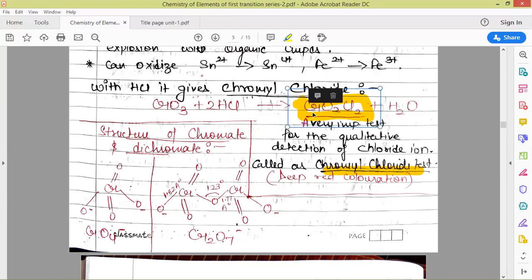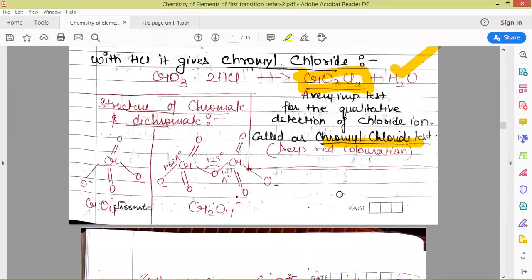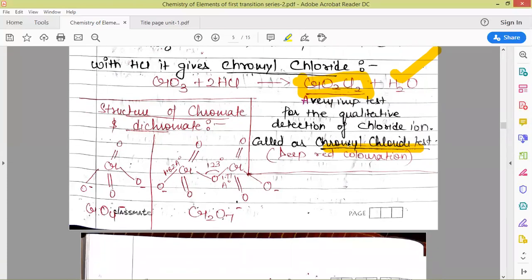This chromyl chloride is deep red in color. When we put CrO3 in the inorganic solution, wherein we want to detect the presence of chloride ion, it leads to the formation of chromyl chloride, and if red color appears, that means chloride is indicated there.